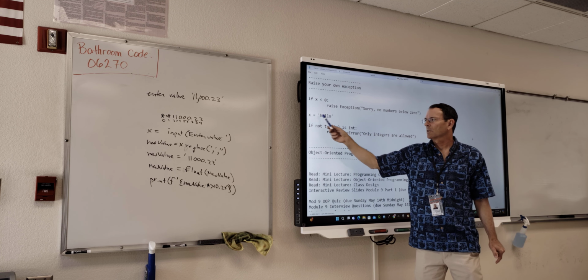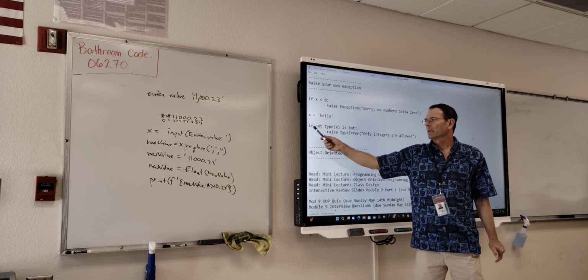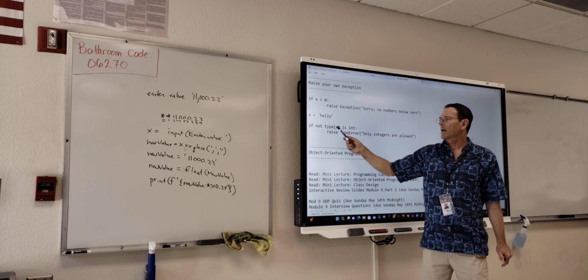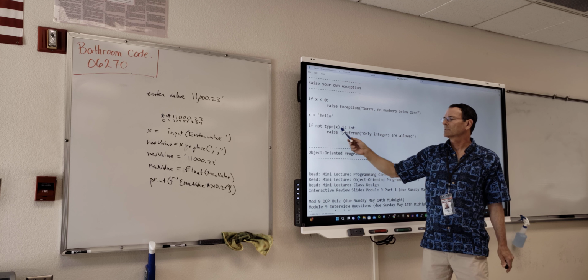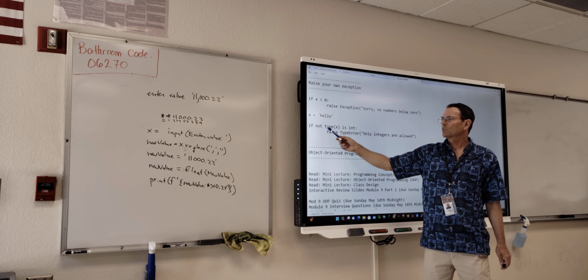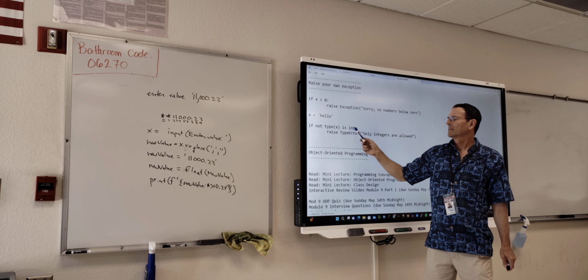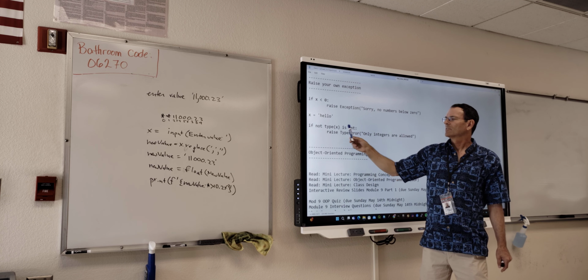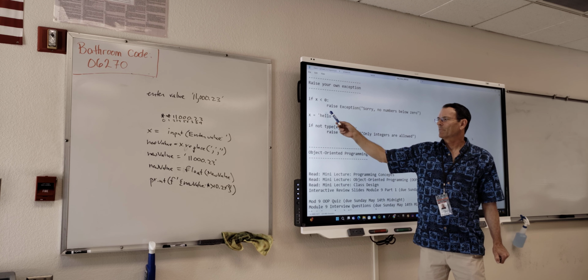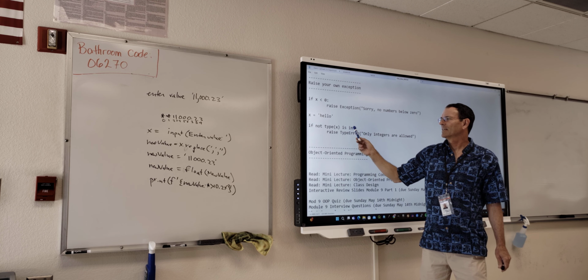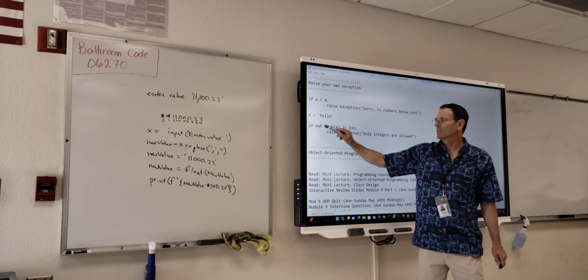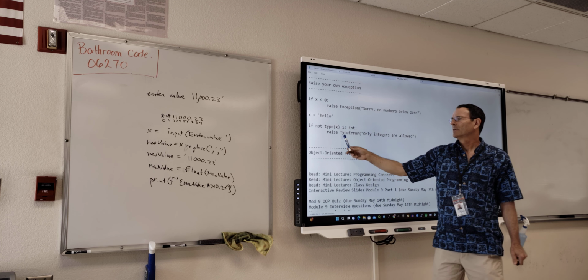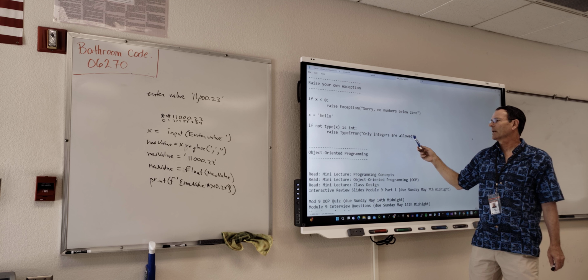Or if I say x is hello, and this is saying if not type of x is int, this will be a string. Is string an int? Not, remember that negates everything. So this will be type of x is a string, is int is not, so this is false. Not false is true. If true, raise the type error, only integers are allowed.